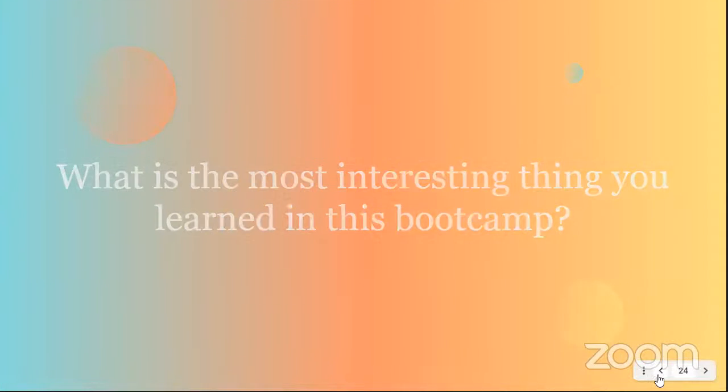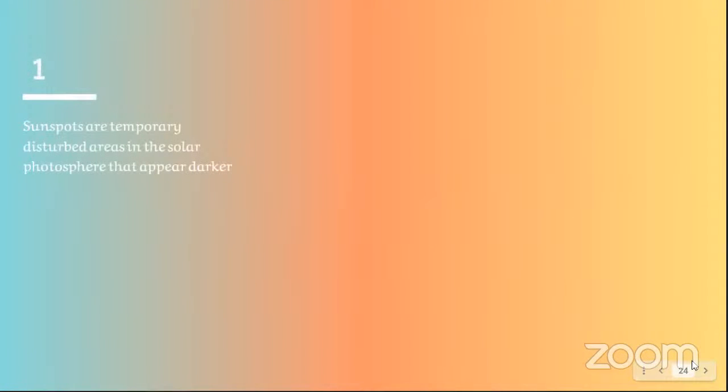Okay, so after we knew the most interesting things you learned in this boot camp, I want to sum up and recall everything we learned in this boot camp, just quickly, in some important points. The first point is that sunspots are temporarily disturbed areas in the solar photosphere that appear darker.